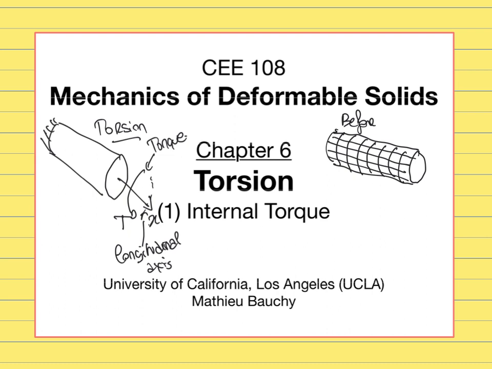So you have a square grid along this cylinder. Before the deformation, this grid is made of small little squares like this. And when you think about what this cylinder will look like after deformation, the effect of the torque will cause this cylinder to twist.